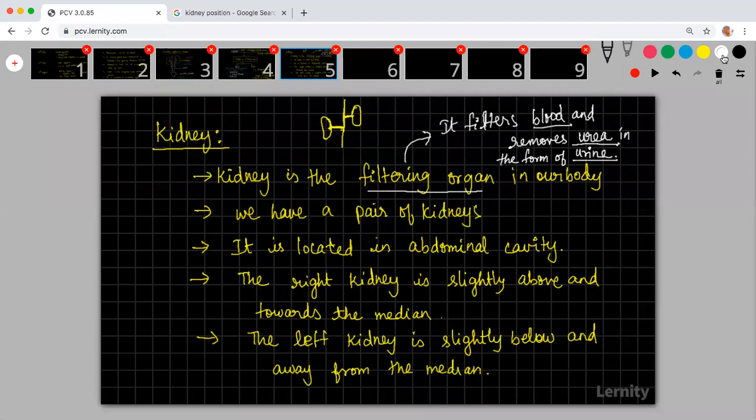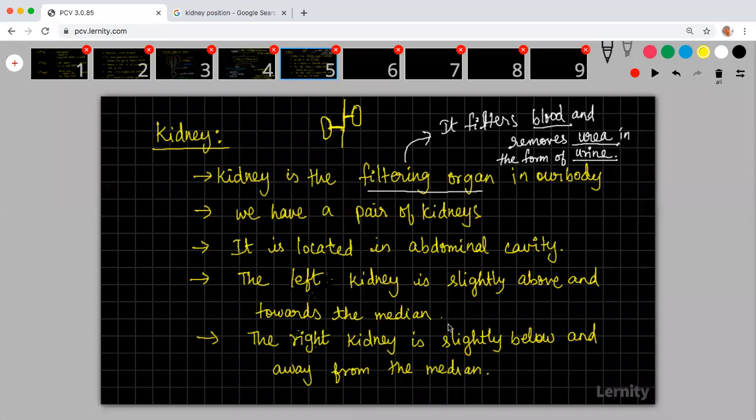The thing you have to change in the slide is the position of the right and left kidney. I told you wrongly. These two things are wrong. You can change it to: the left kidney is slightly above and the right kidney is slightly below. Basically, I was considering the diagram from my point of view, so that is why there is a problem.